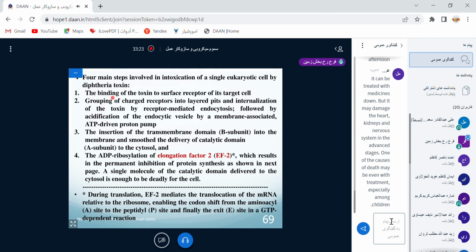It is what we told. One, the binding of the toxin to the surface receptor of its target cell.